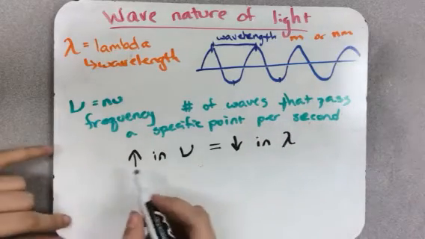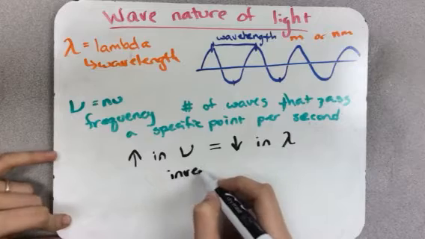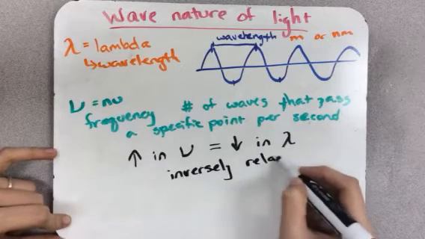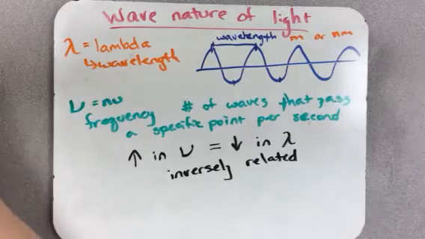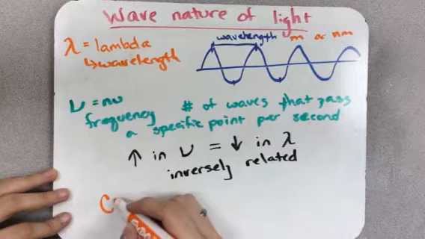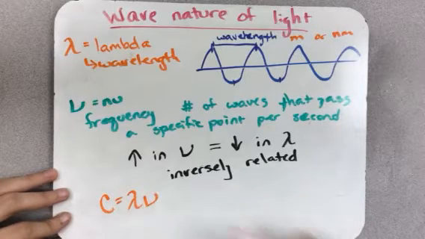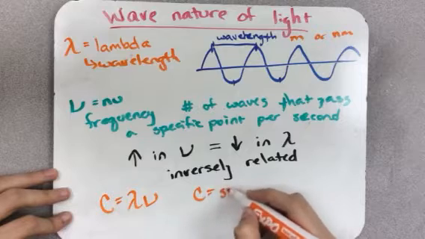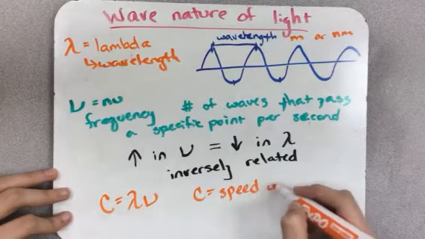Okay, that is because they are inversely related or proportional, based on a very specific equation. And that equation is c equals lambda nu. c is going to be a constant. c is the speed of light in a vacuum.